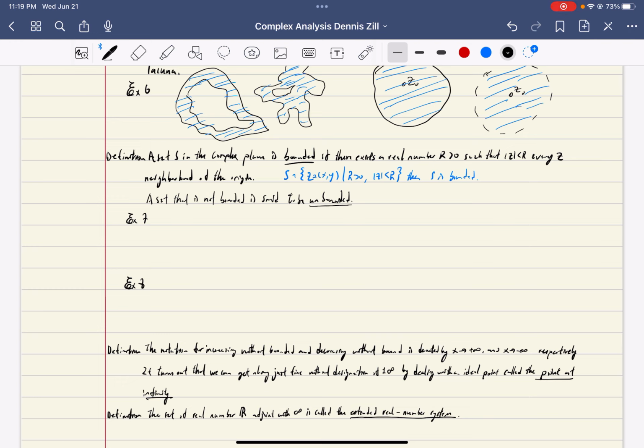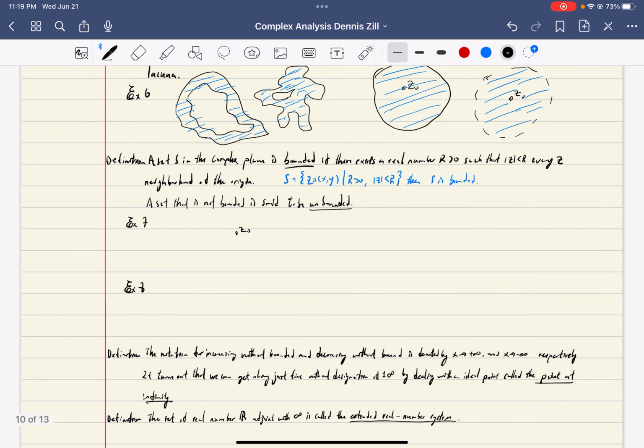Now I forgot what I'm doing. What is example 7? A set that is bounded. Well, let's do an example. Let's do a disk around z0, something abstract, not just numbers, just z0 in the general case.